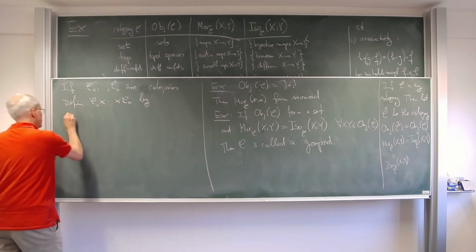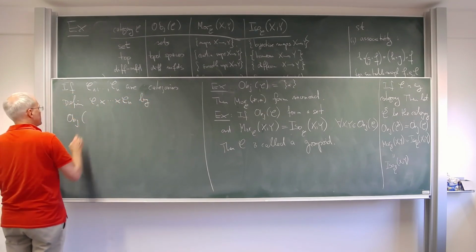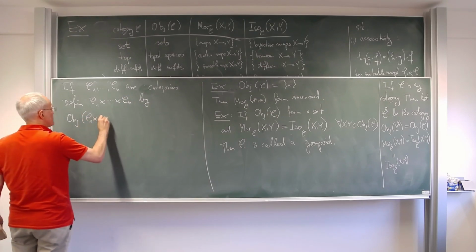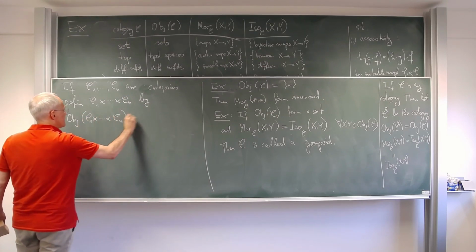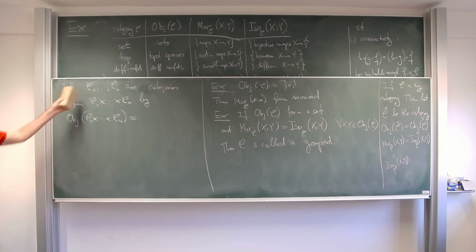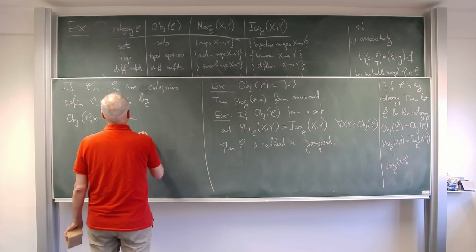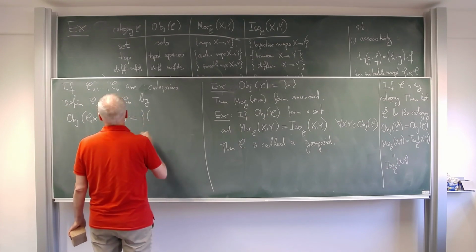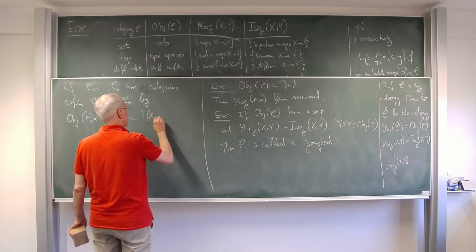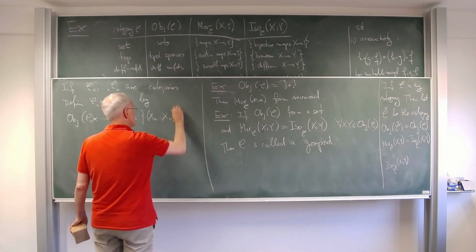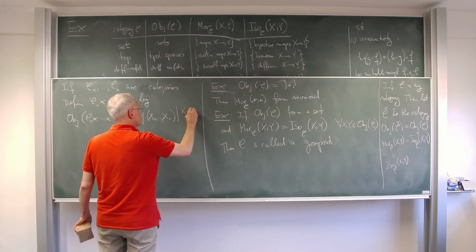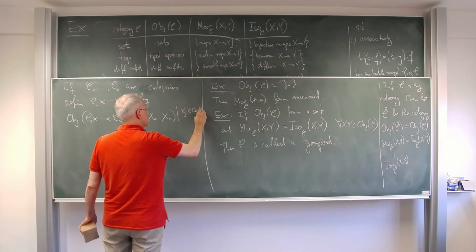So what are the objects? The objects in this category, imagine these are just tuples of objects in the original categories. So these are tuples where each xj is an object of Cj.